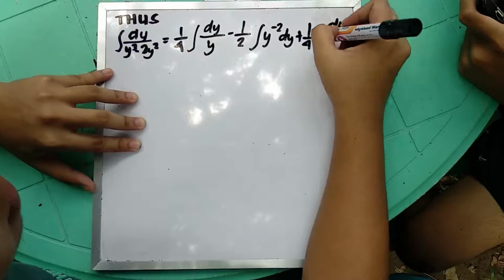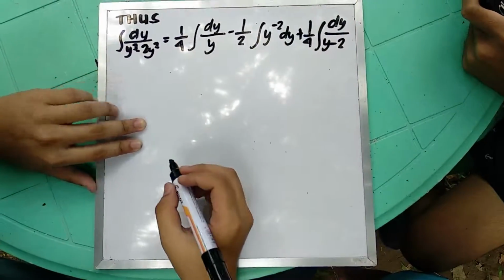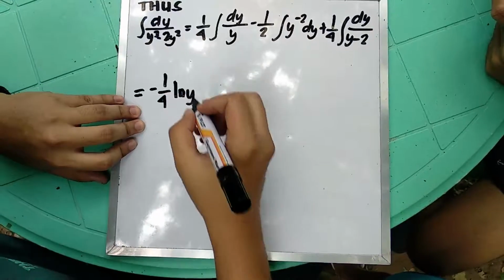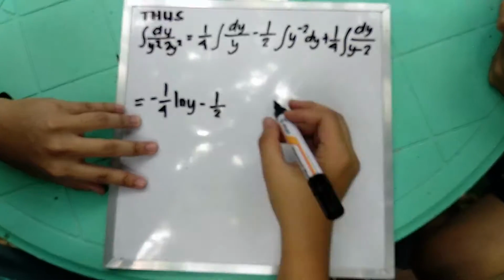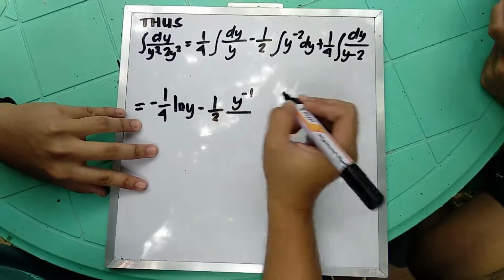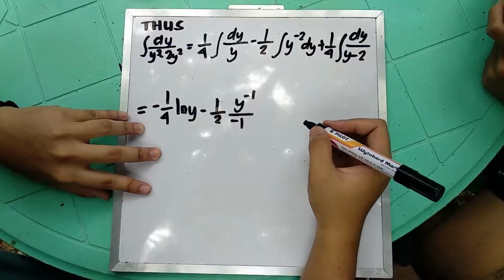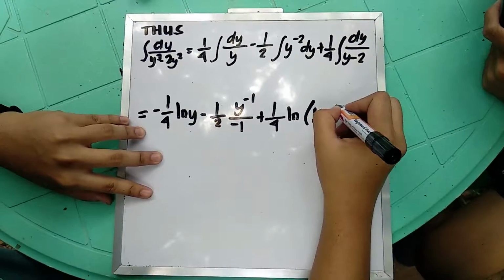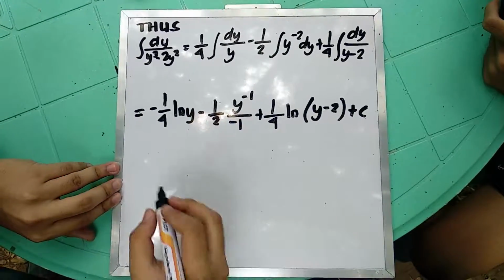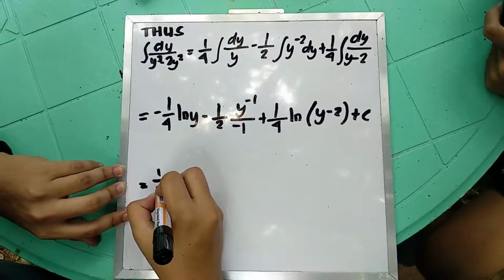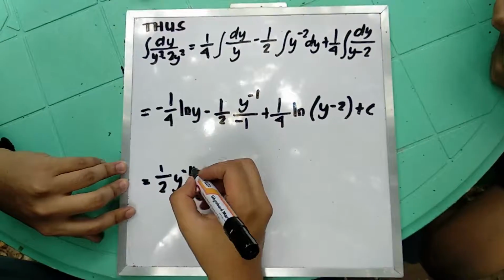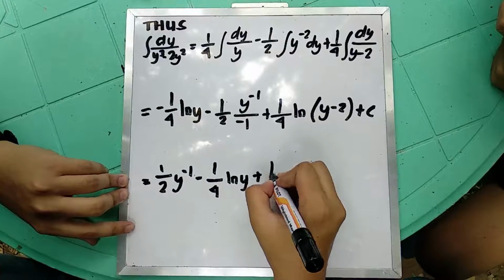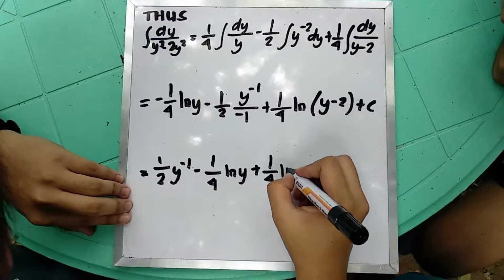Then it would become negative 1/4 ln|y| minus 1 half y raised to negative 1 over negative 1 plus 1/4 ln|y minus 2| plus C. It can be further simplified into 1 half y raised to negative 1 minus 1/4 ln|y| plus 1/4 ln|y minus 2| plus C.